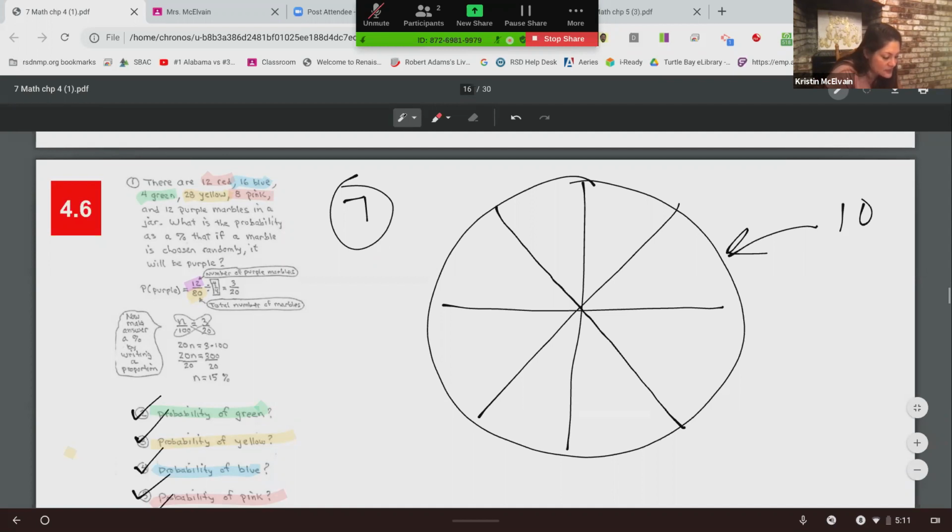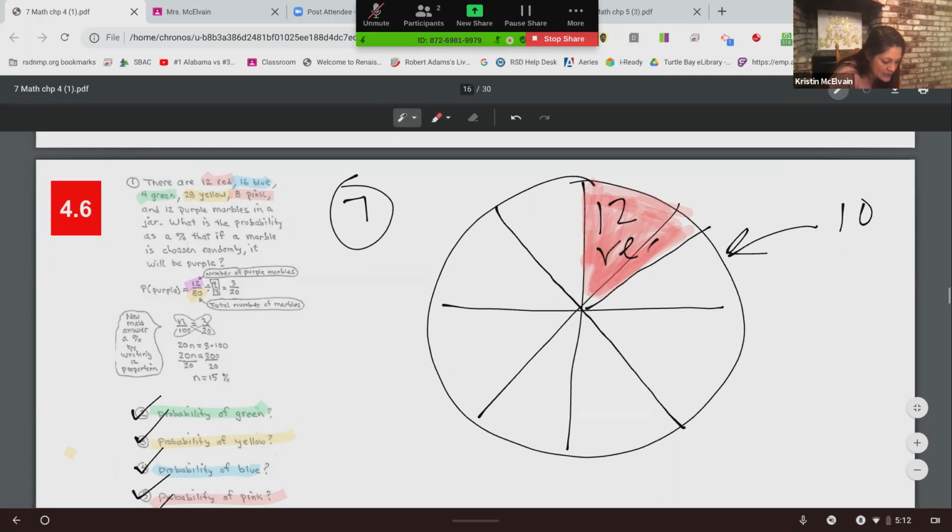Do I need to really do 10 in each? We'll kind of estimate it here. Maybe I should have done smaller ones. Well, here. So this is red. It's going to be 10 and 2 more. Okay, so red has 12.